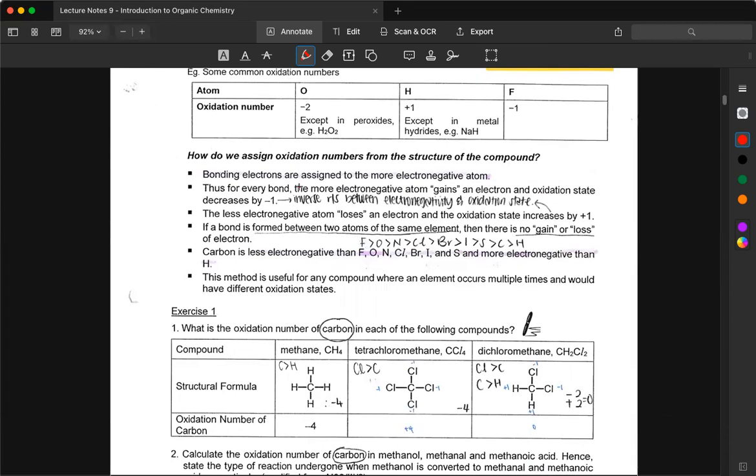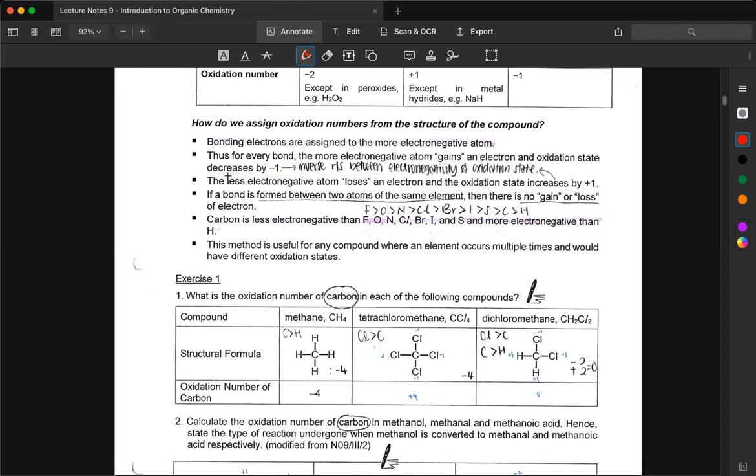Now, bonding electrons are assigned to the more electronegative atom. Okay, that's logical. Thus, for every bond, the more electronegative atom gains an electron, and its oxidation state will decrease by 1. The less electronegative atom will lose that electron, and its oxidation state will increase by +1. If the bond is formed between 2 atoms of the same element, there is no net gain or loss of electrons.